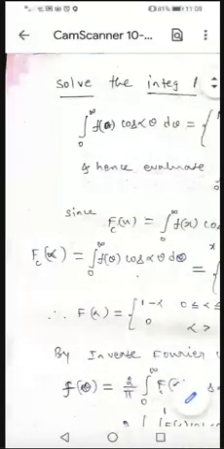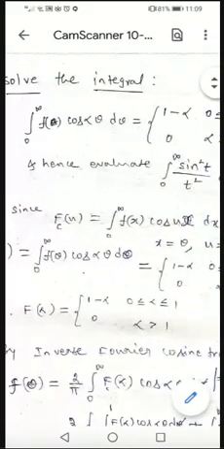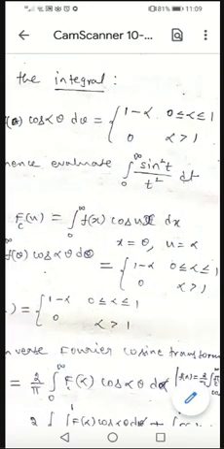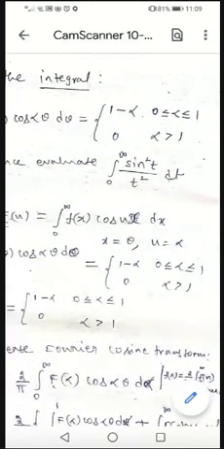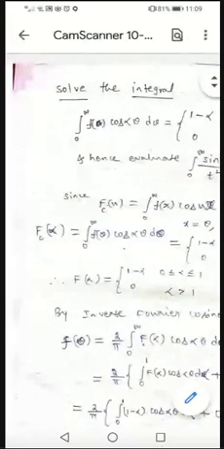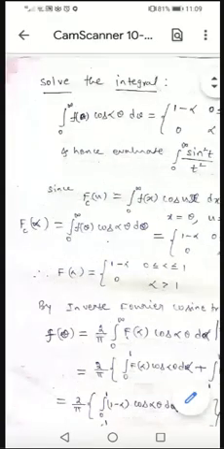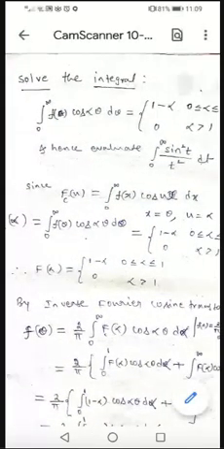So Fc of u becomes Fc of alpha, which is equal to the integration from 0 to infinity of f of theta cos alpha theta d theta. On the right side we have 1 minus alpha, where alpha is between 0 and 1, and 0 when alpha is greater than 1. So on the left side we have Fc of alpha as it is, and on the right side we have 1 minus alpha, alpha between 0 and 1, and 0 when alpha is greater than 1.